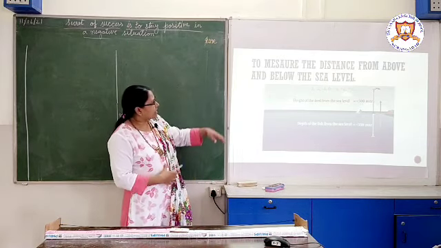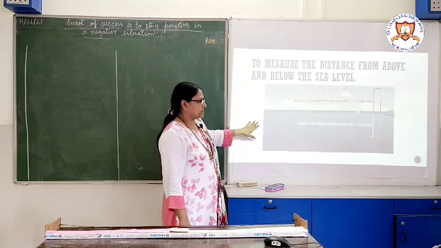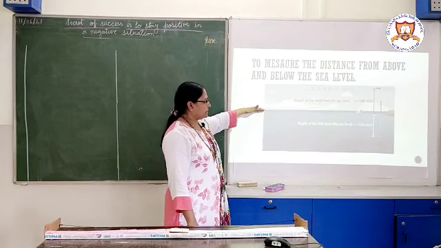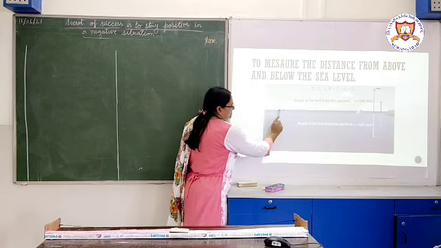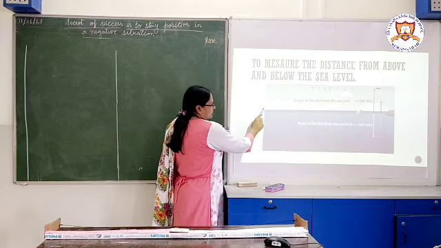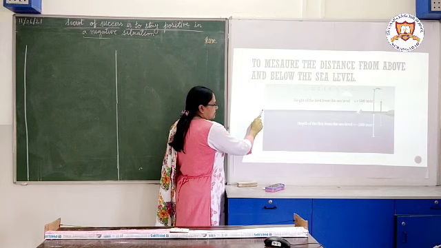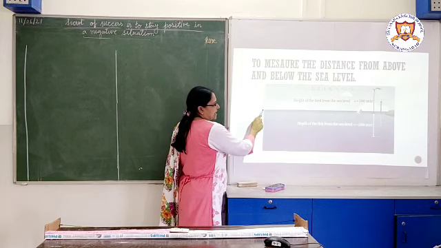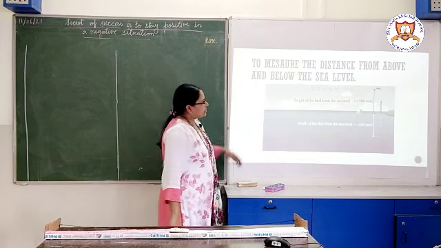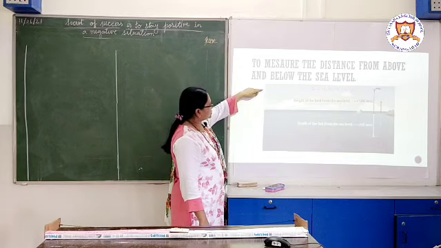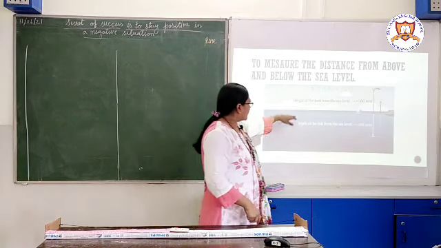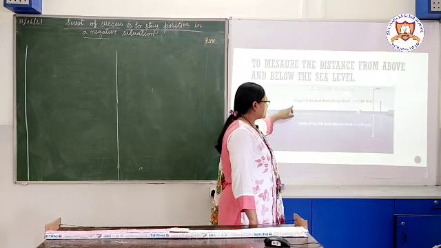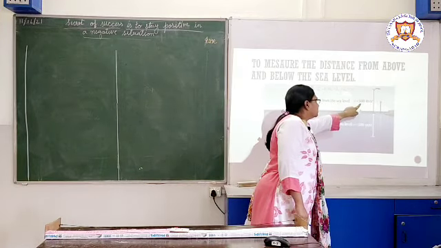Now, whenever we measure a distance from sea level, see here is the sea level. This line is the sea level line. Assume this line as 0. Now when we go above sea level, we denote or measure that distance in positive numbers.